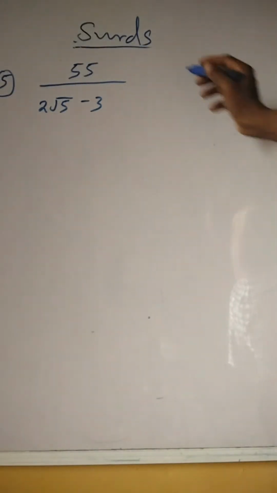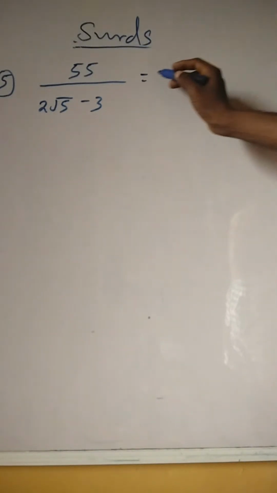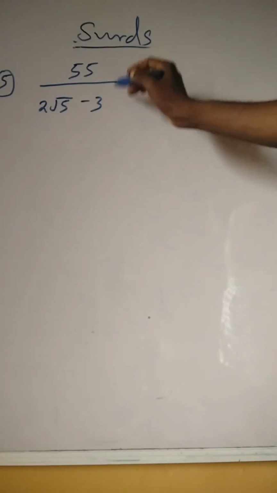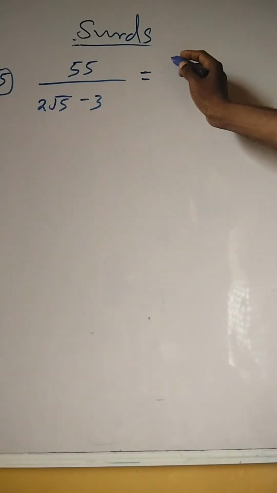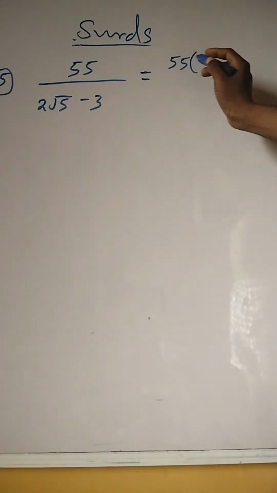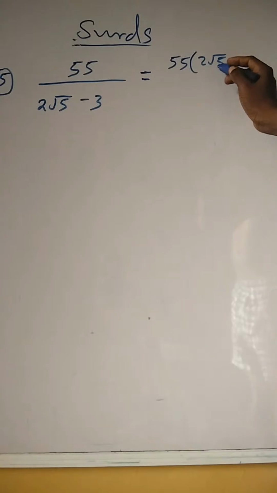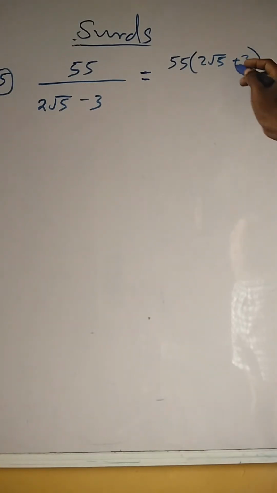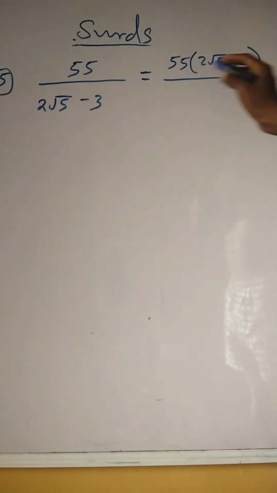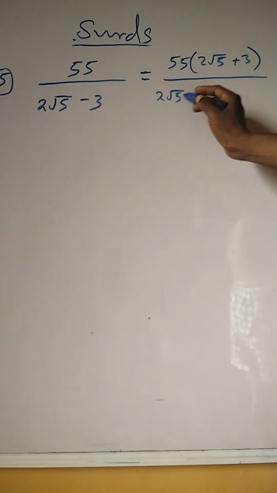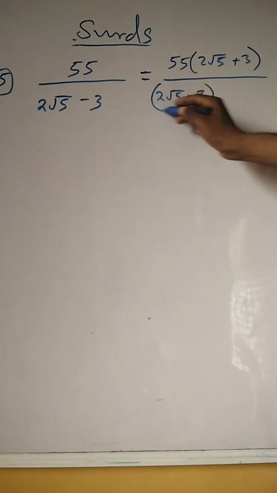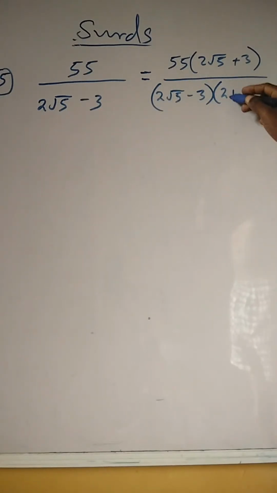When we rationalize this, multiply the numerator and denominator by the conjugate of the denominator. That is, here we have 55 multiplied by 2 root 5 plus 3, which is the conjugate of the denominator. Also, multiply this by the same conjugate. We have 2 root 5 minus 3 multiplied by also 2 root 5 plus 3.